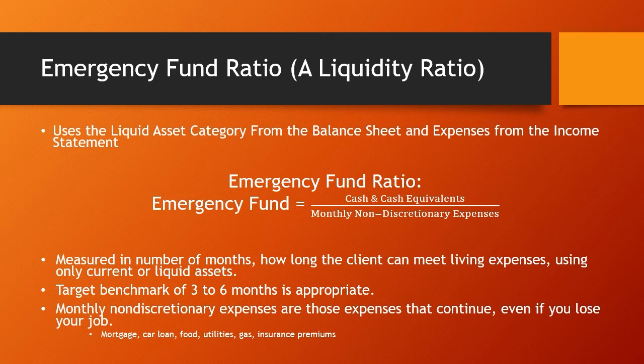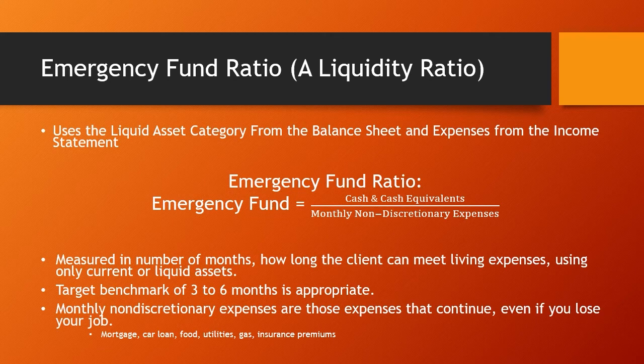We want to have 3 to 6 times that. That means we want at least $9,000 to $18,000 in liquid assets, right? That could be in the bank, that could be in CDs, just in liquid assets.